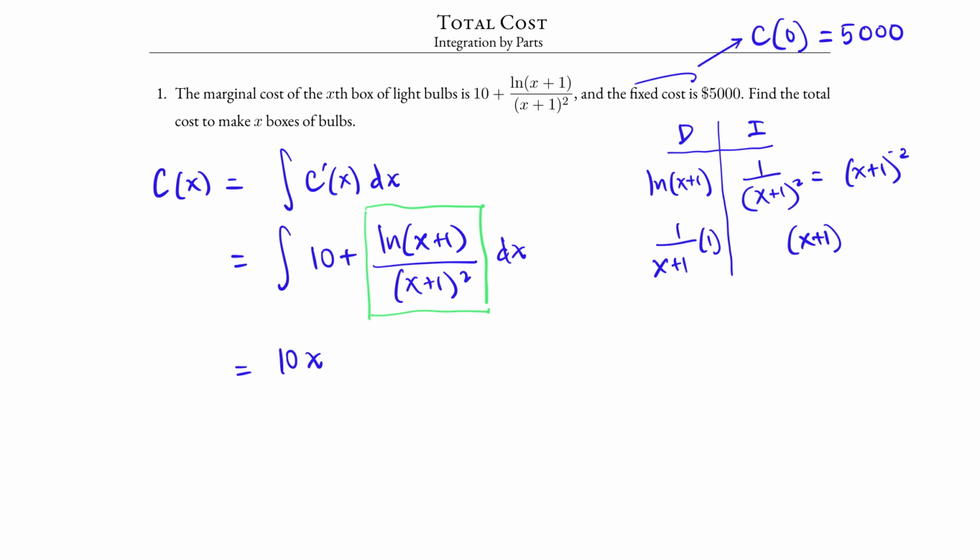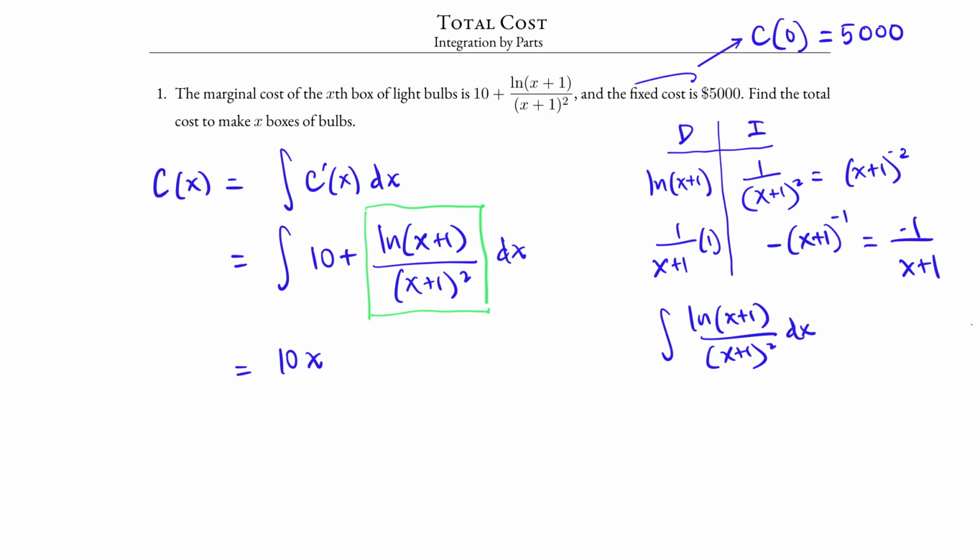Minus 2 plus 1 is negative 1, and with the negative because of the chain rule, negative of the quantity x plus 1 to the negative 1 is the same as negative 1 over x plus 1.